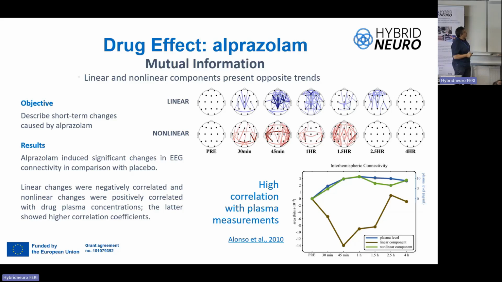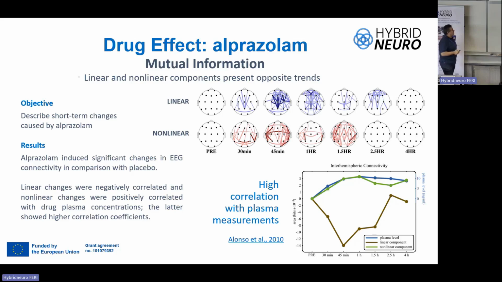Okay, so after 45 minutes, 1 hour, more or less, which is when the drug has its highest effect, we can observe here a decrease in the connectivity, here an increase in the connectivity, in different colors, in the case of linear and non-linear, respectively.